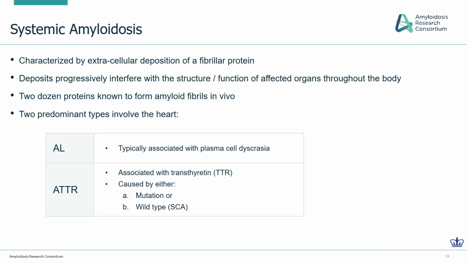To review, systemic amyloidosis is characterized by an extracellular deposition of a fibrillar protein. That protein deposits in the organ and interferes with its structure and function. Today we're focused on the heart.